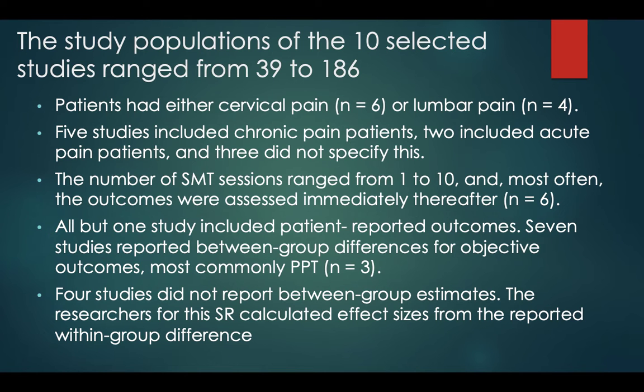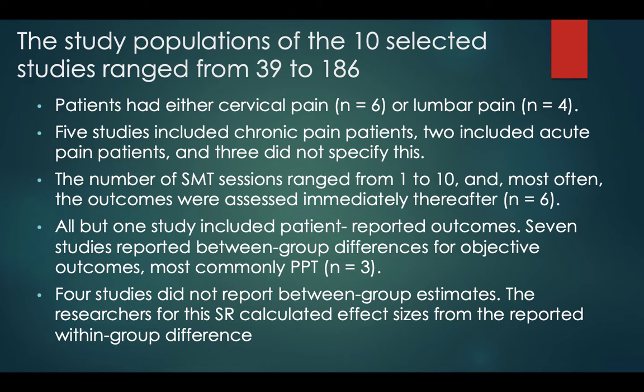A review of 10 studies demonstrated a range of study populations from 39 to 186. There were 6 cervical spine studies, 4 lumbar spine studies, and 5 studies that included chronic pain patients. 2 studied acute pain patients, and 3 did not specify.